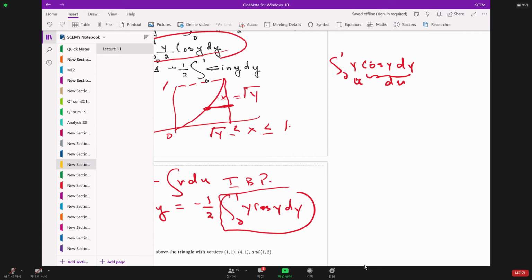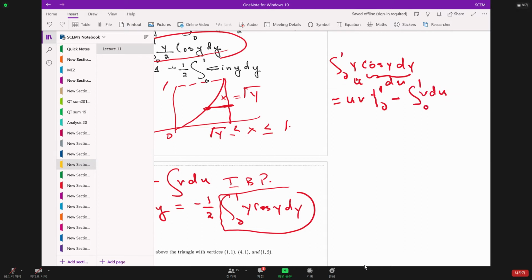So we use the formula: u v with limits 0 to 1, minus integral from 0 to 1 of v du.